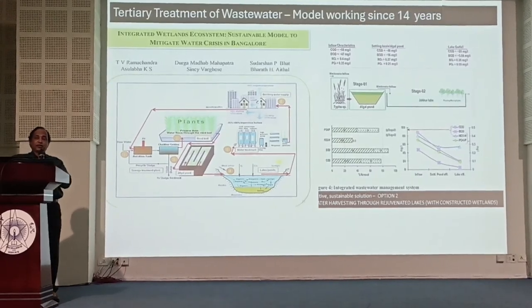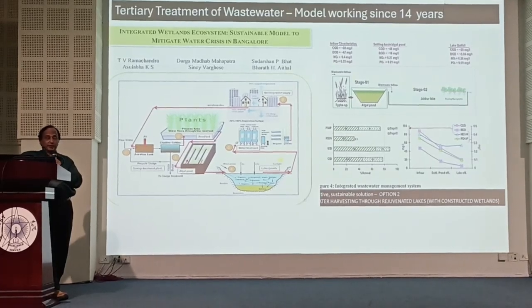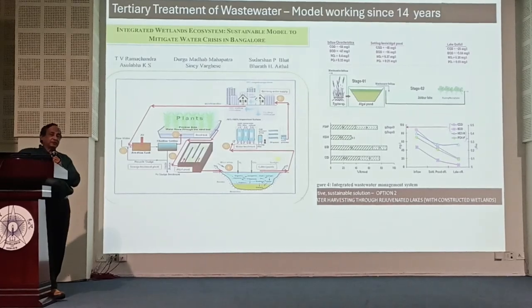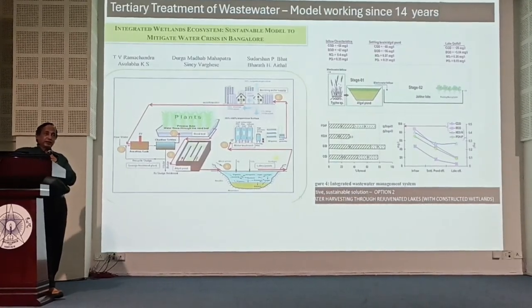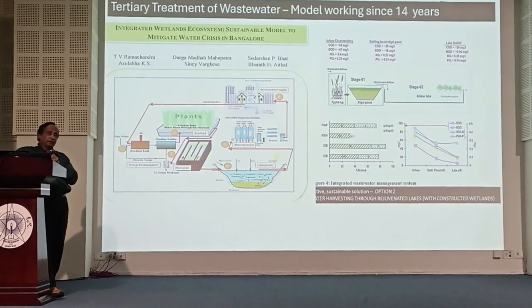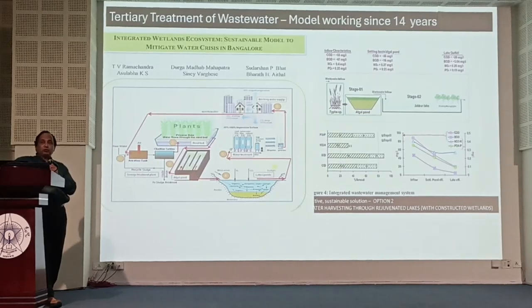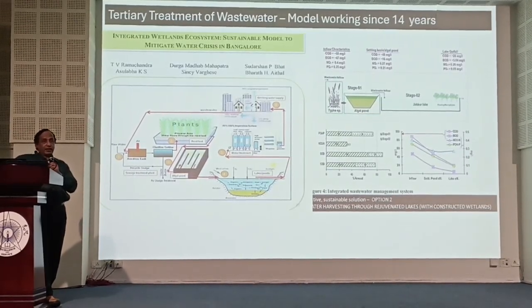Now you all know the wastewater that is generated at home, which we call sewage, or domestic wastewater. The treatment of that involves three stages. First is the primary, then the secondary, and tertiary. Primary treatment will remove the large particles, secondary treatment will remove the chemical ions, and tertiary treatment will remove the nutrients.